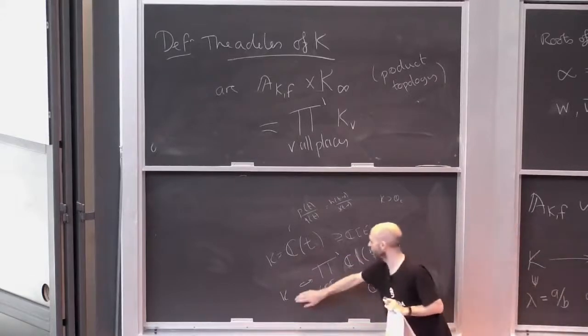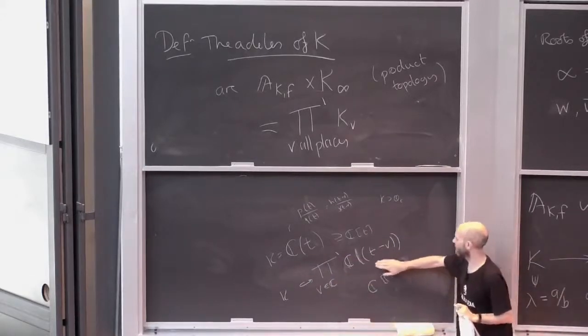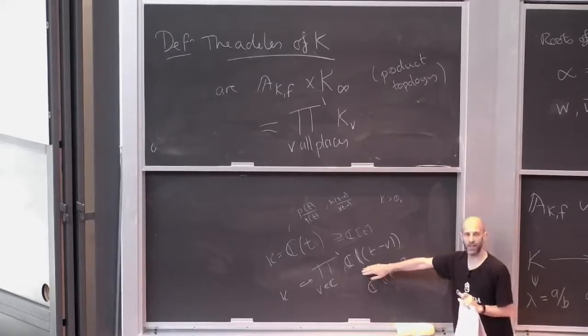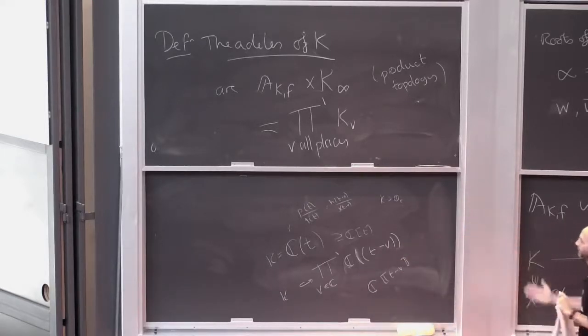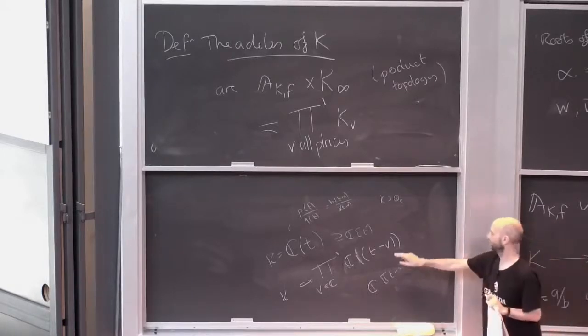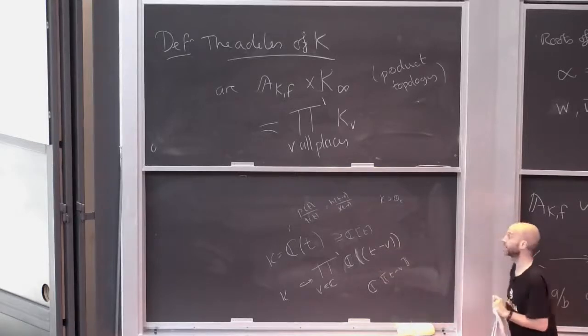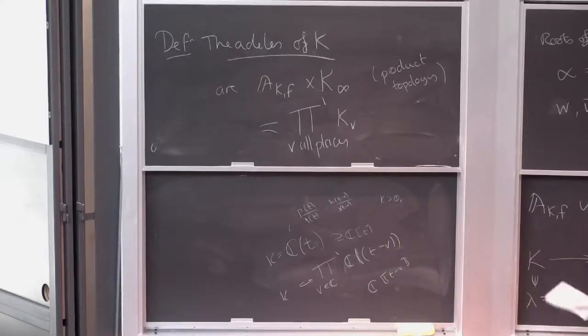I'm taking a global function and I'm concocting a gigantic space that contains all the information about the function's behavior locally. But it contains it in a very fluid way, in the sense that I can now start modifying local behavior at one place without changing it at any other place. So that's the power that the adels are giving you somehow.